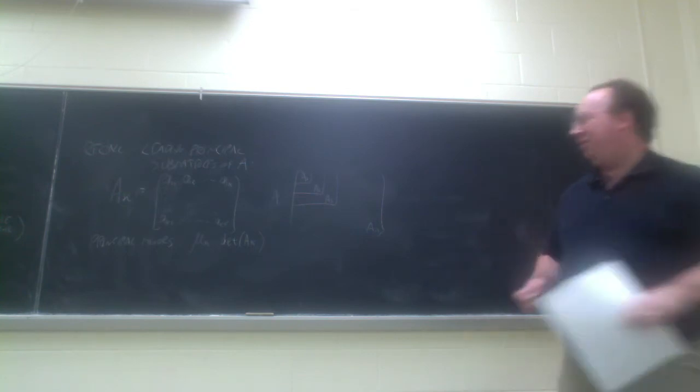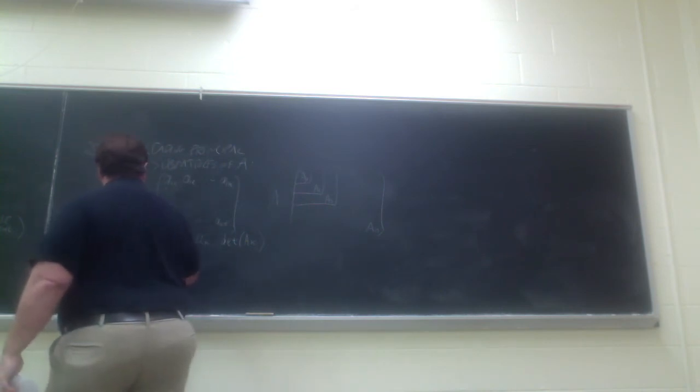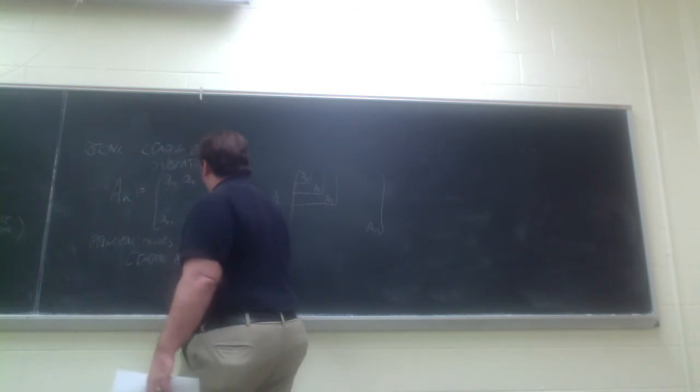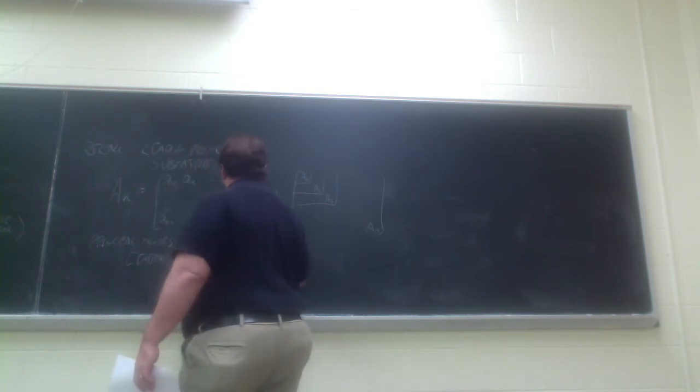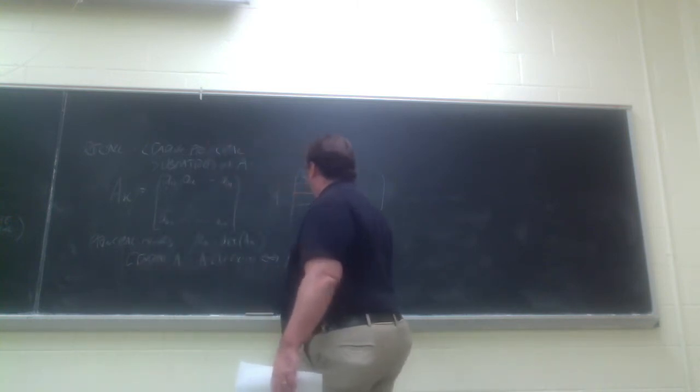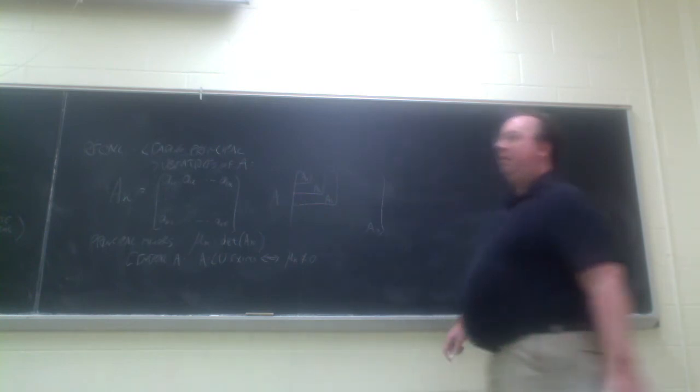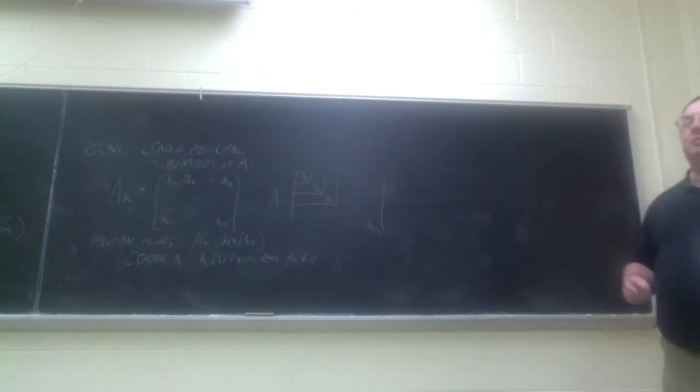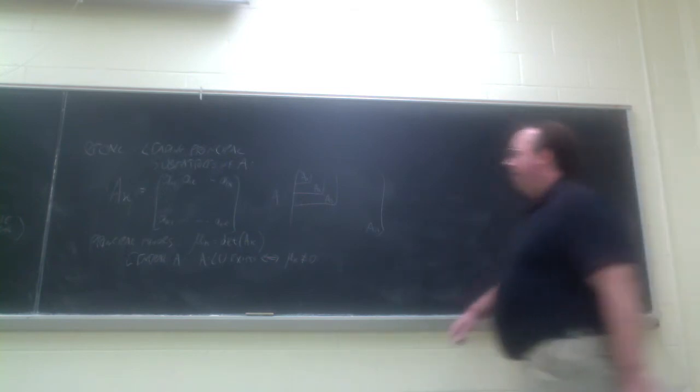So for general A, we can say that A equals LU exists if and only if all the principal minors are non-zero. That means you never have to pivot. It might be a good idea to, but you're not required to.